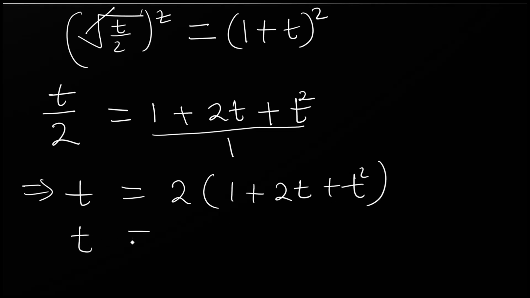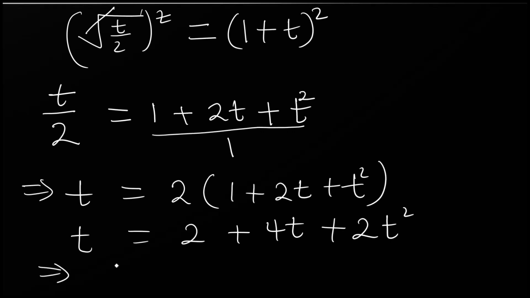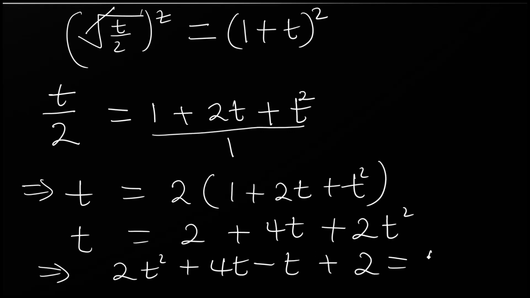So we have t, 2 times 1, 2 times 2t, and 2t squared. So let's arrange it. We have 2t squared plus 4t, and we have t here, minus t plus 2 equals 0.